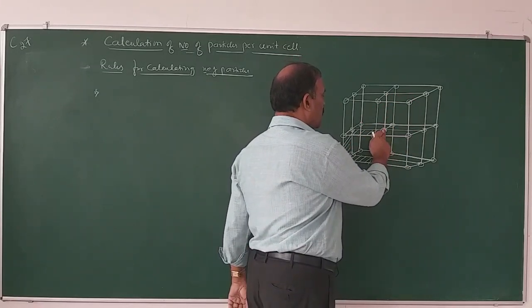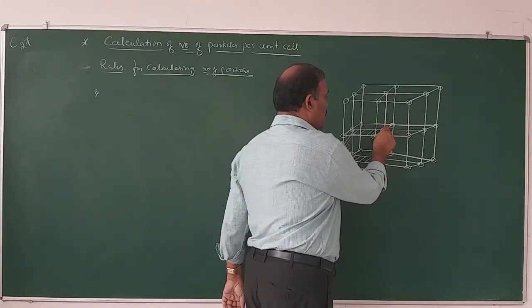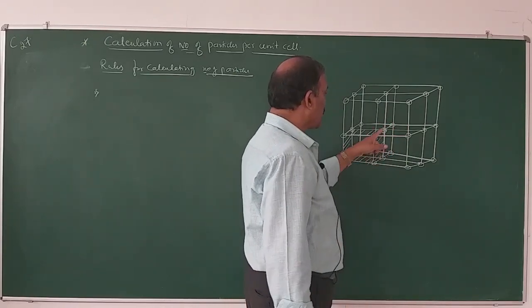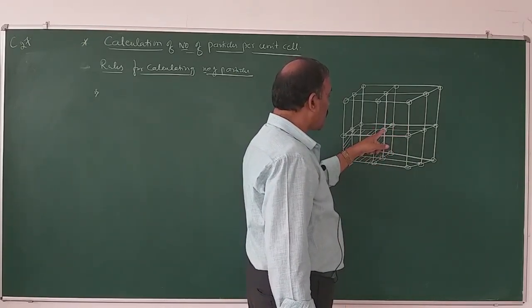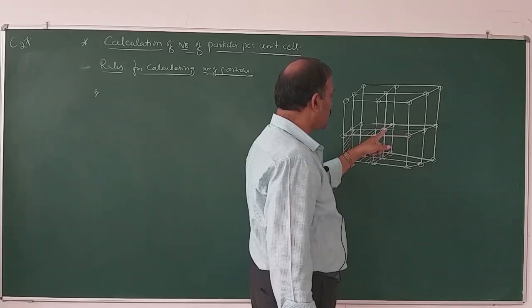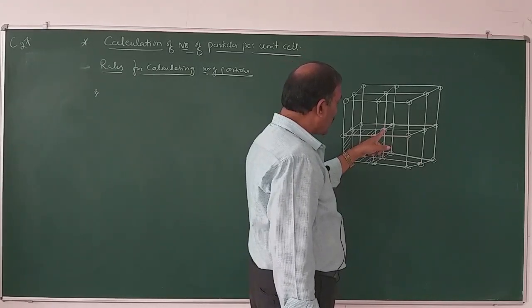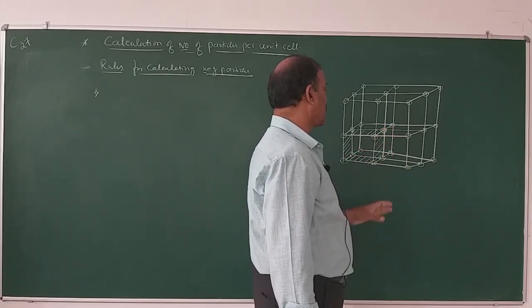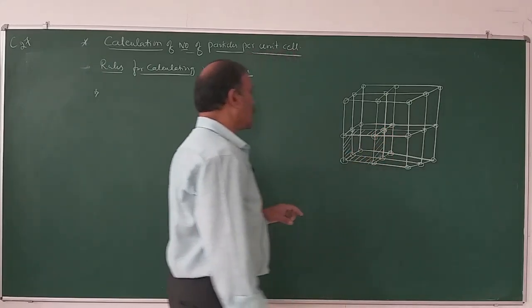So this corner particle is shared by 8 unit cells. Therefore, the contribution of the corner particle to each unit cell is 1 by 8. So that is rule number 1.